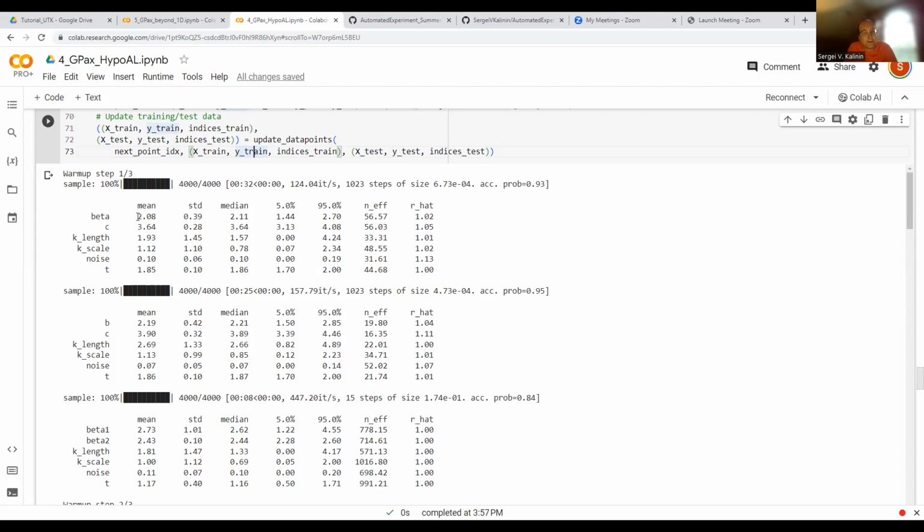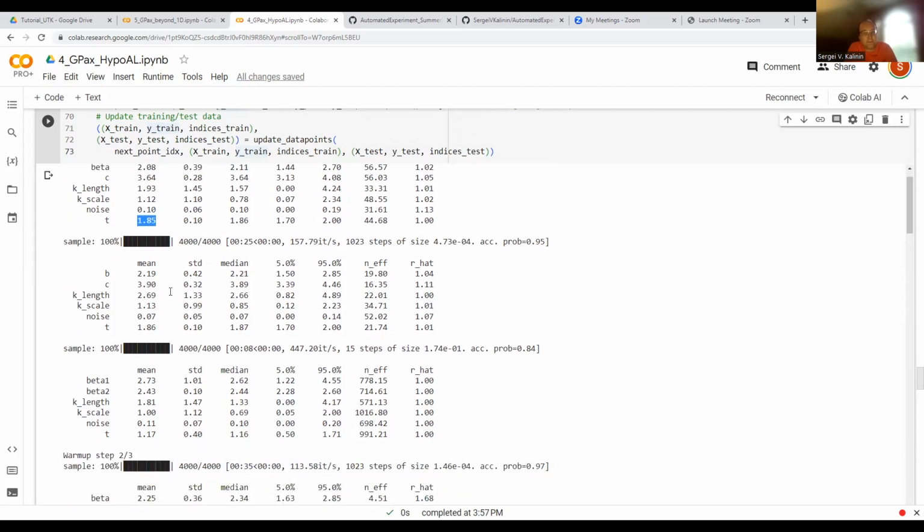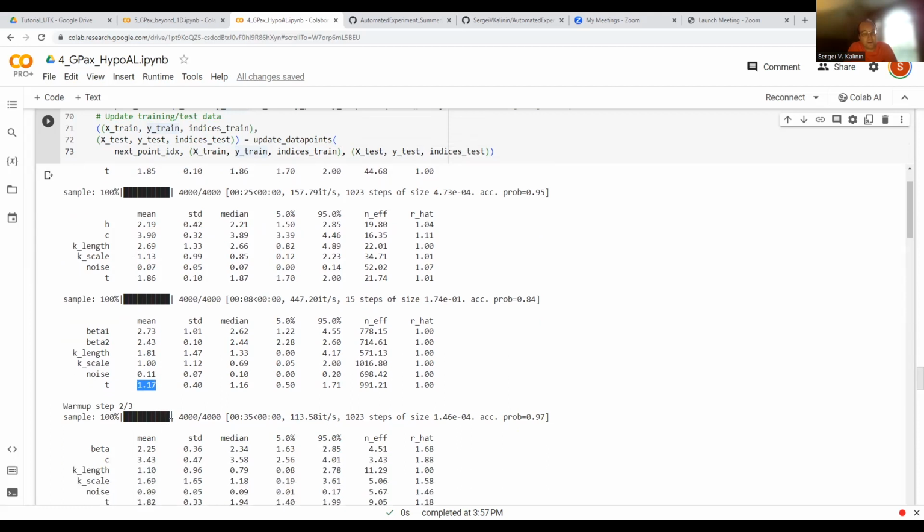For the first one, we have the values of the power and slope, the values of the kernel parameters, length and scale, the expected noise, and the position of the switch point. For the second model, we have the b values, and then the part that pertains to the Gaussian process. And for the third model, we have the beta values, kernel parameters, and position of the jump point. Notice that the position of the jump point is actually very far off now. It's 1.17. It should be 1.75.